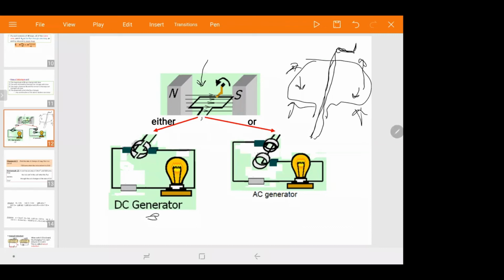If you connect the ends of the coil to something that looks like a ring, one end of the wire is continuously connected to one ring, the other end of the coil is connected to another ring, and you rotate it. These rings are called slip rings. Why do we call them slip rings? Because what do you connect the rings to? Say, to a bulb.